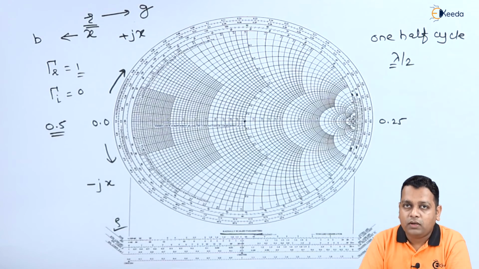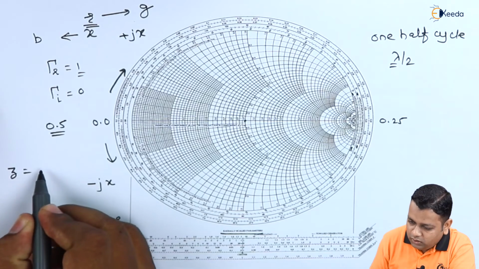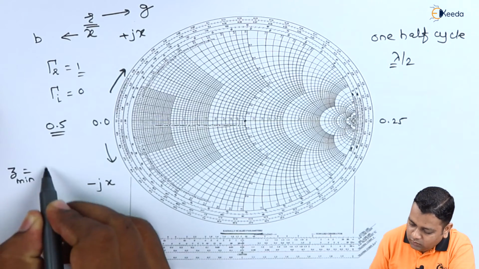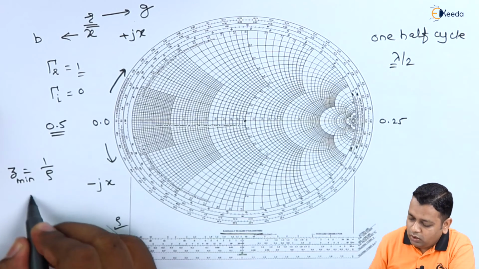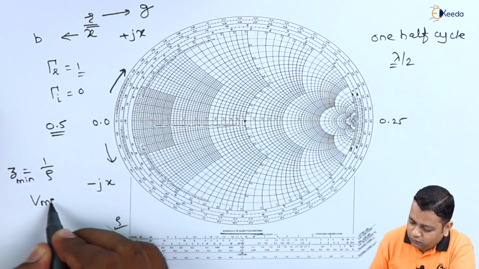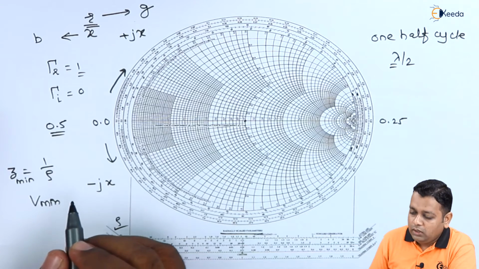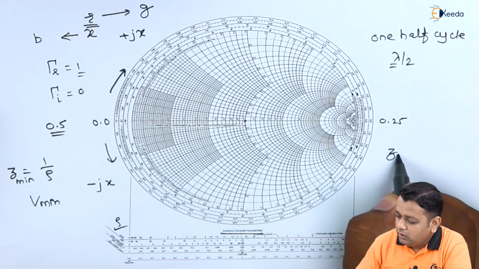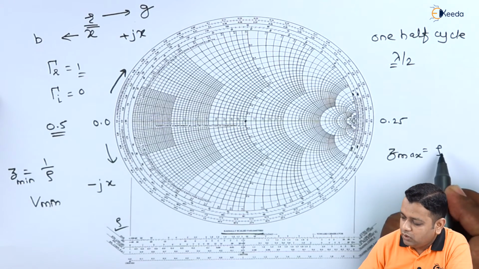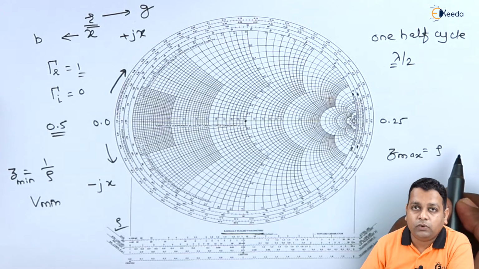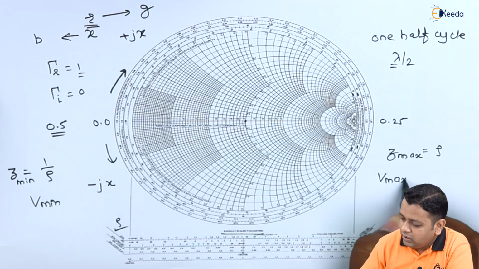Now at the point where we have the normalized impedance small z equal to the minimum value, obtained by 1 by rho, this corresponds to V min on the Smith chart. At the point where the normalized impedance is at the maximum, it is equal to the SWR itself, and that corresponds to the V max value.